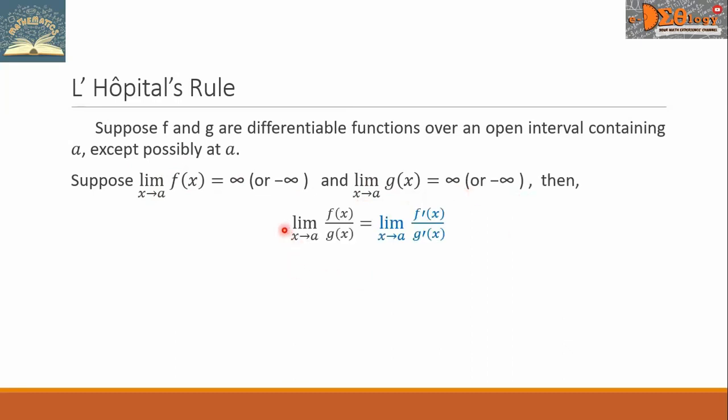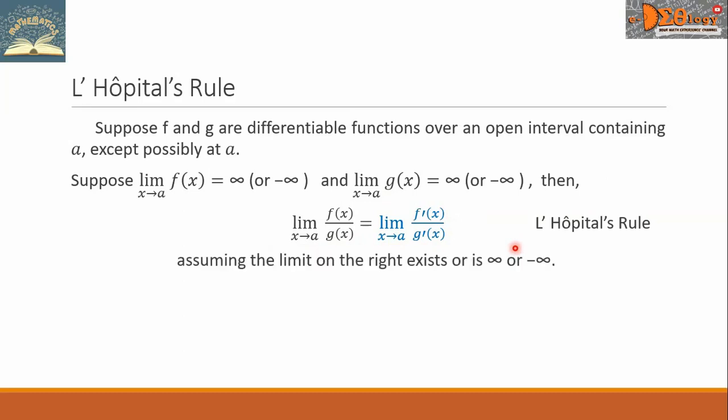Then the limit of f of x over g of x as x approaches a equals the limit of f prime of x over g prime of x as x approaches a. This formula here is what we now call L'Hopital's rule, assuming the limit on the right exists or is positive infinity or negative infinity.